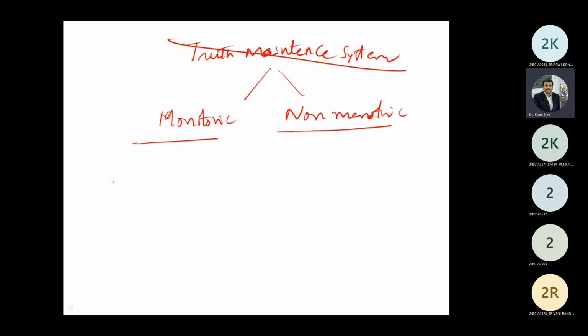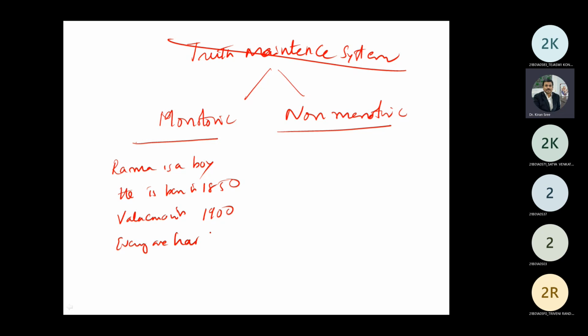So in monotonic, like Rama is a boy. He is born in 1850. There is a volcano in 1900, and everyone has died.